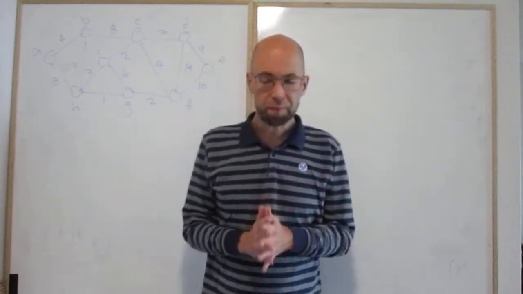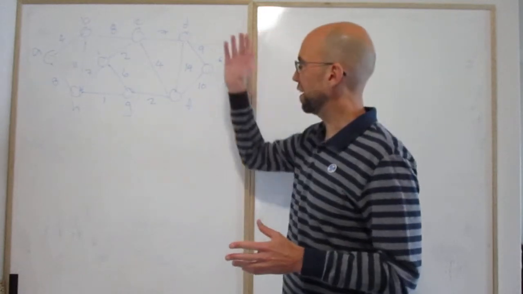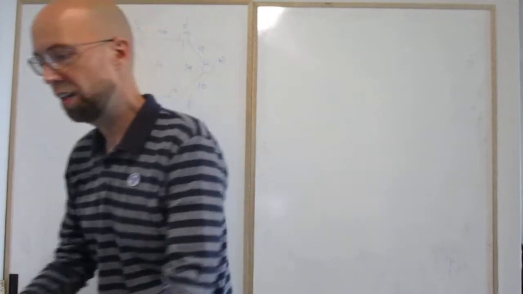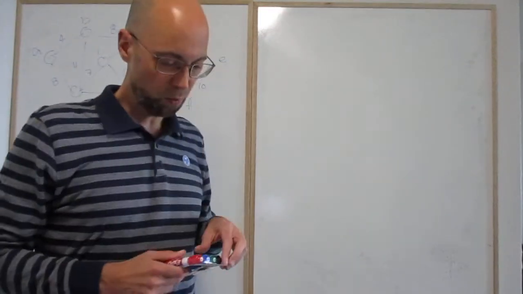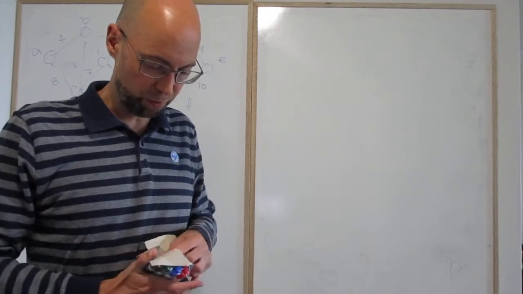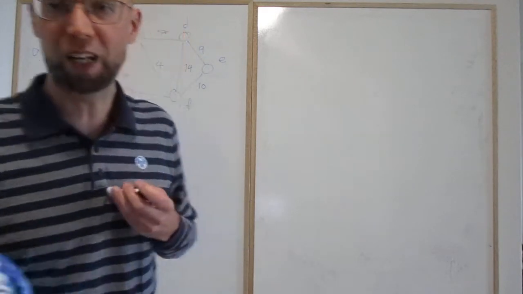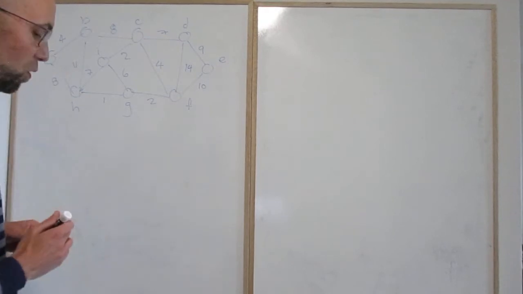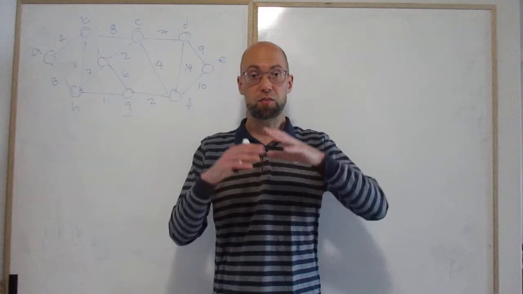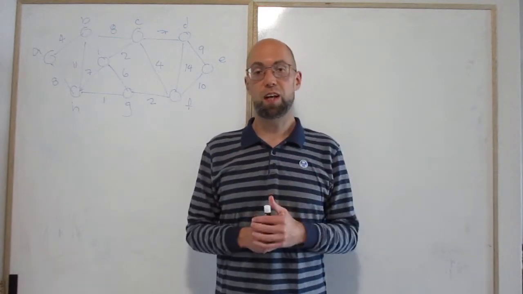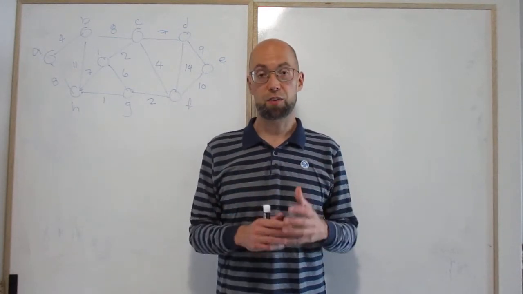Okay. So people have said you can't really see this graph. Maybe it will be better if I go over it with the new black marker. So before we do that, a little bit of background on minimum spanning trees. The minimum spanning tree construction algorithms are greedy algorithms.